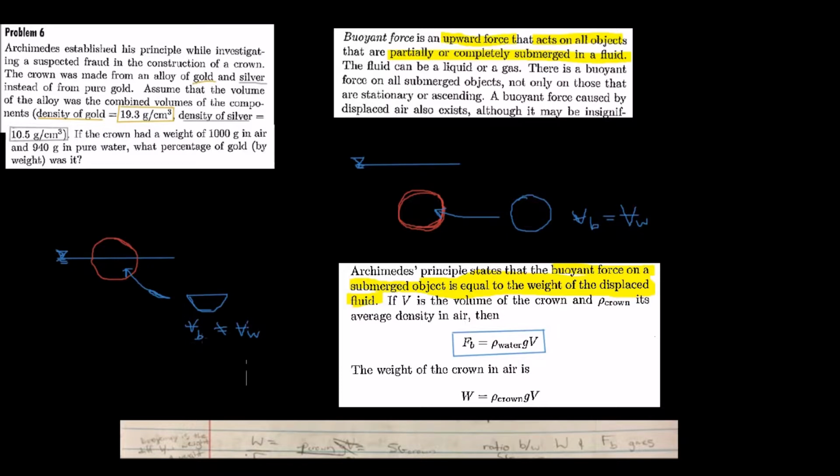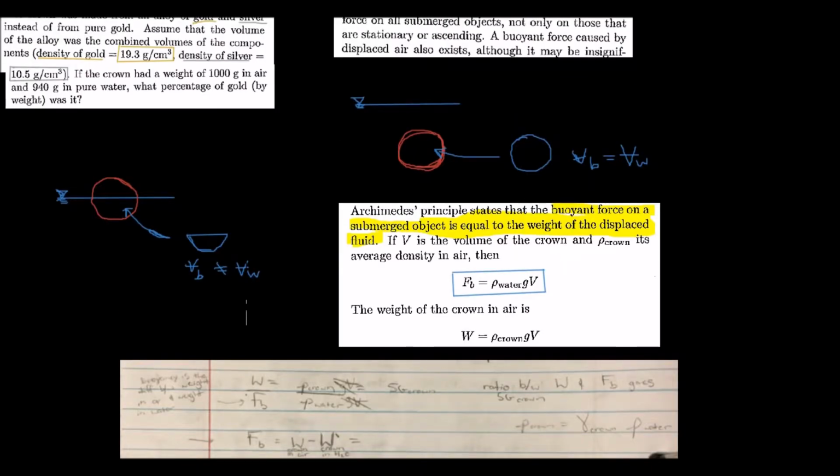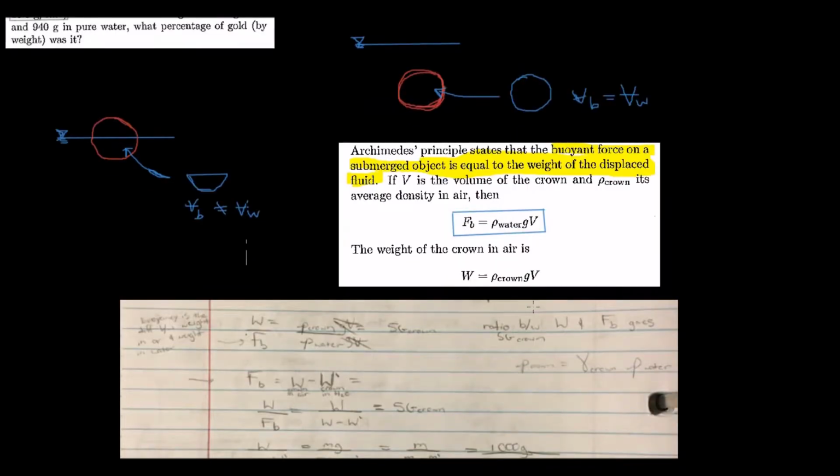So V of buoyancy would not equal V of the weight, and then you can cancel out the volumes, which we'll get to. But in this case, we have VB equals VW, so we can just say V and neglect the little subscripts.